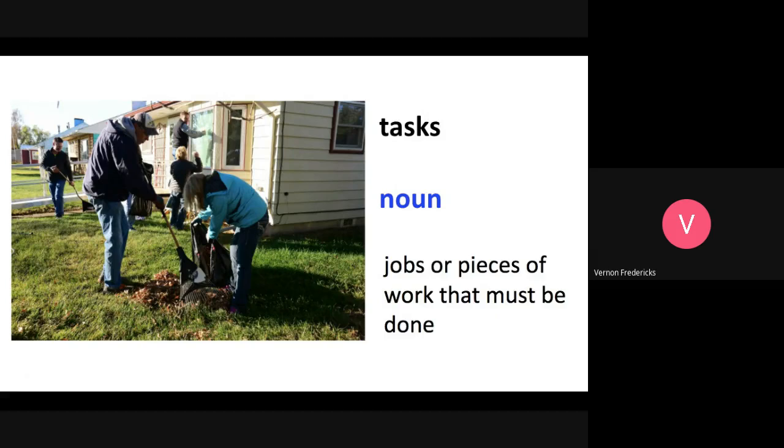Task number three, you have to make sure that they do their homework. Task number four, you have to check their homework. Task number five, you have to finish your homework. So it's things that we have to do, pieces of work we must do. It's your tasks.